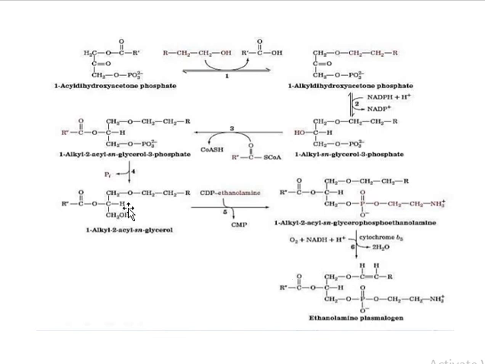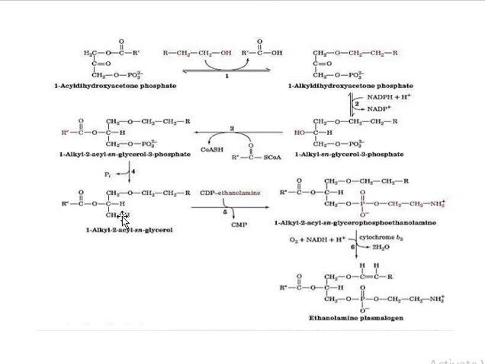In the same way, from the 1-alkyl acyl glycerol, the platelet activating factor is synthesized. For the synthesis of platelet activating factor, this alkyl acyl glycerol reacts with CDP choline, and with the release of CMP, it is converted to 1-alkyl 2-acyl glycerol 3-phosphocholine.